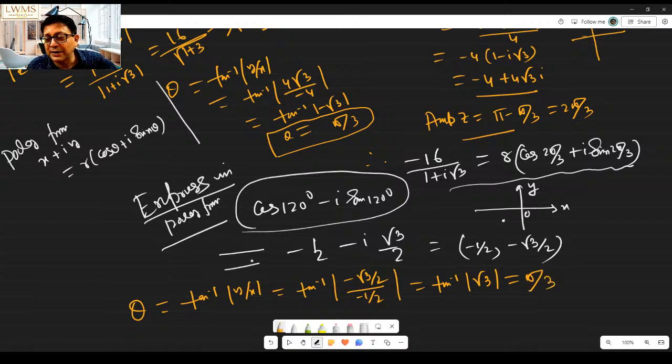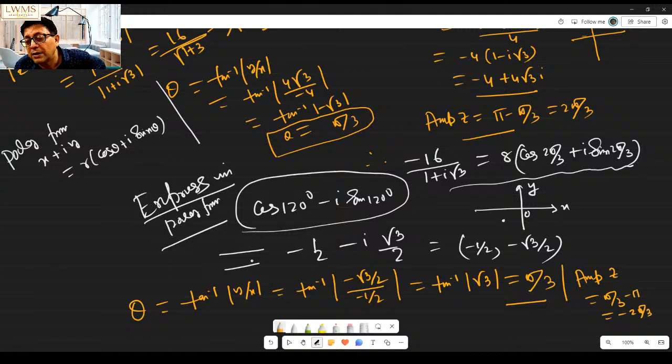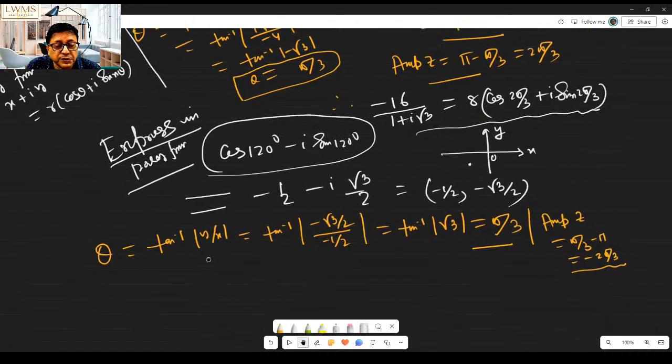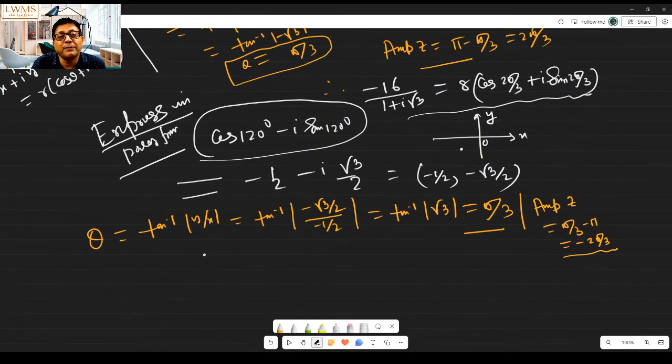It is pi by 3. Clear? So amp z will be what? As it lies in the third quadrant, it will be theta minus pi. So the answer is minus 2 pi by 3. Clear? So the value is minus 2 pi by 3.